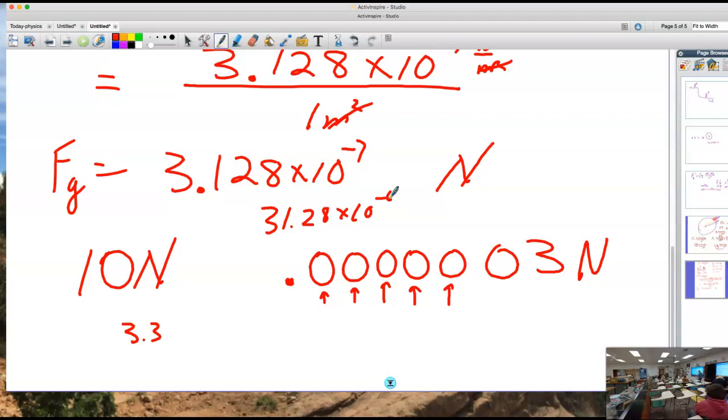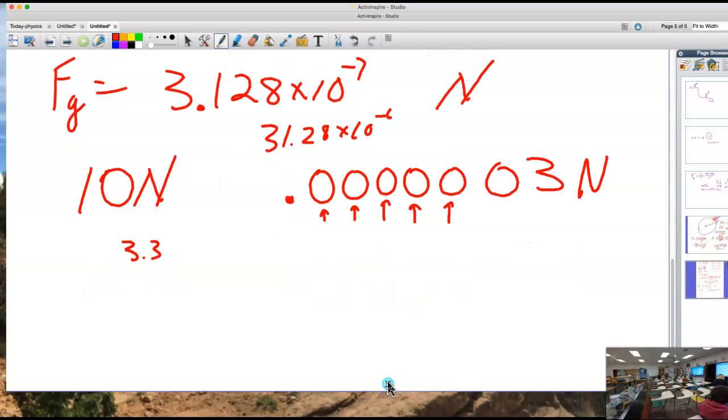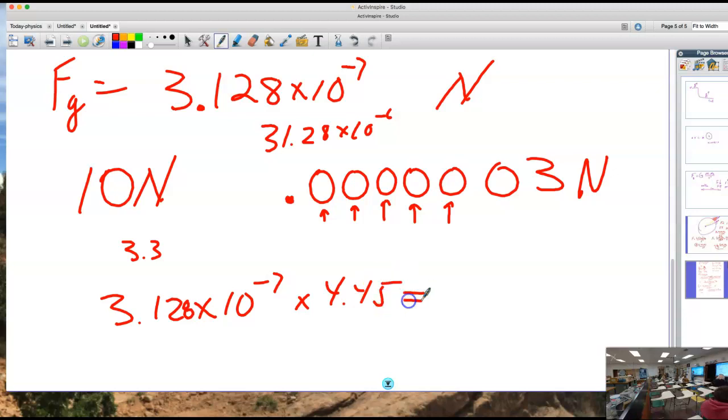We can give you an even better number. Somebody take that number for us and multiply it by 4.45. So if you take 3.128 times 10 to the negative 7th, you multiply it by 4.45, you get pounds, a number you're more familiar with.